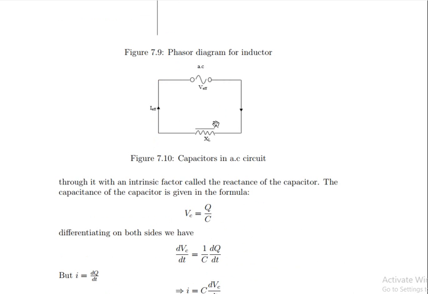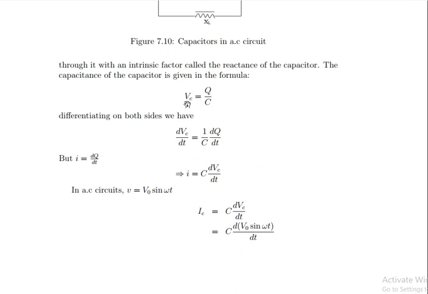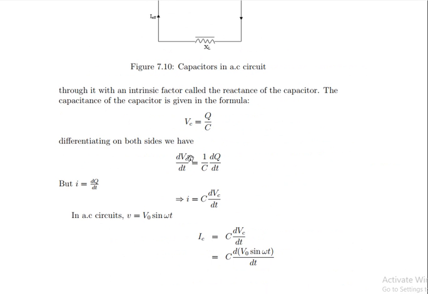So now let's visualize a capacitor in AC. So in this case, here is the inside of the capacitor. If you have a capacitor, VC is equal to Q all over C. So since VC is equal to Q all over C, we see that dV all over dt is equal to 1 all over C dQ all over dt.